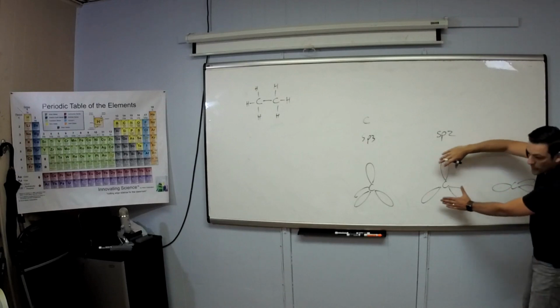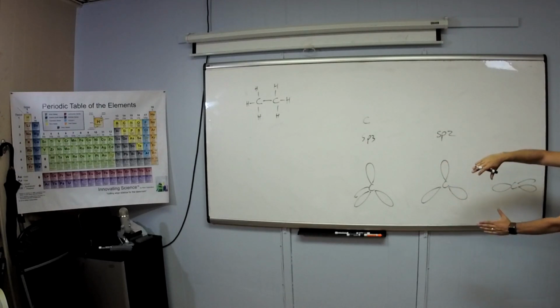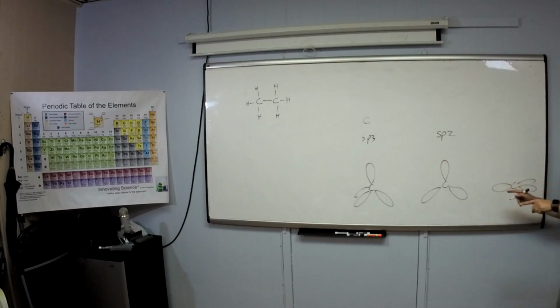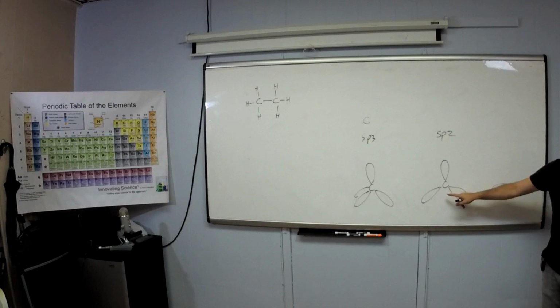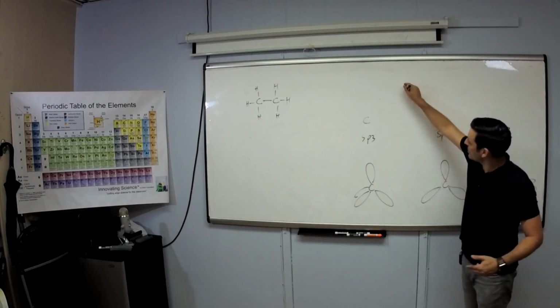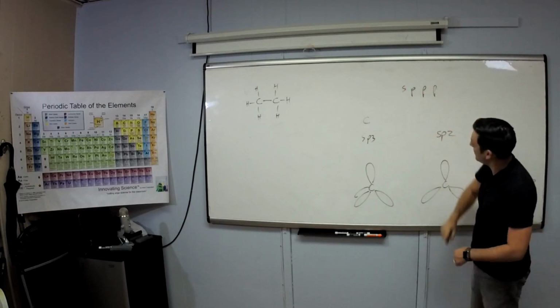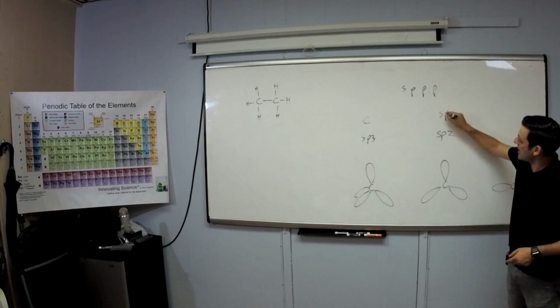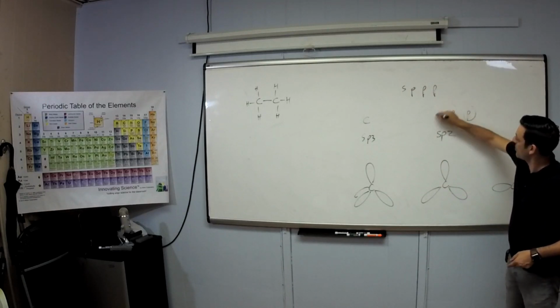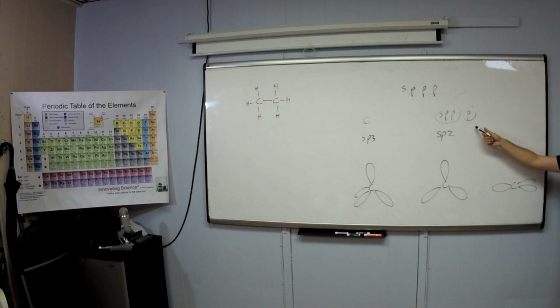I basically took this, picked it up, and turned it like this. So one orbital goes that way, and then 2 orbitals go this way, right? Great. This is sp2. Let's remember that if it's sp3, it's using s, p, and p. If it's sp2, it's using s, p, p, and then it has a p orbital left over, right?